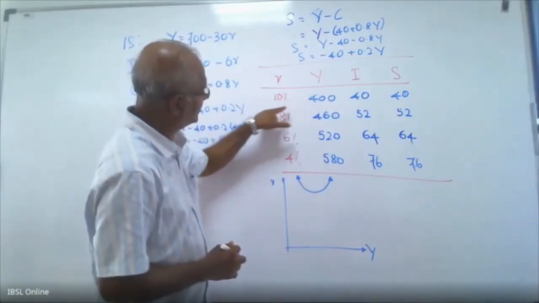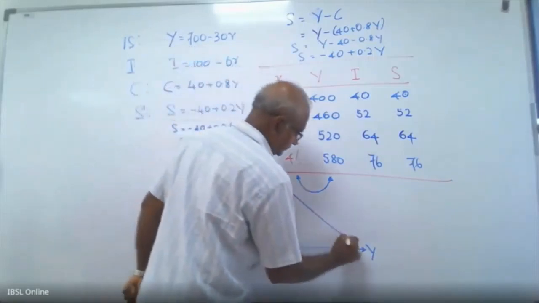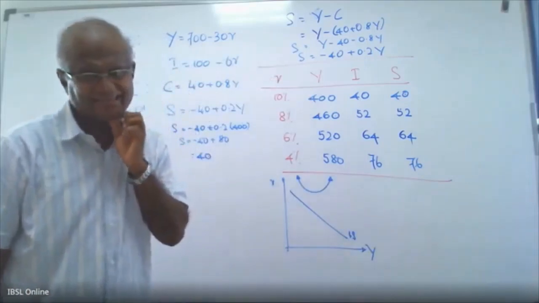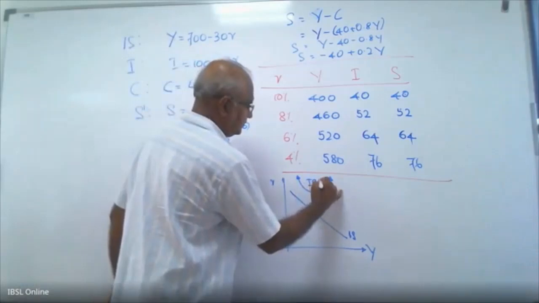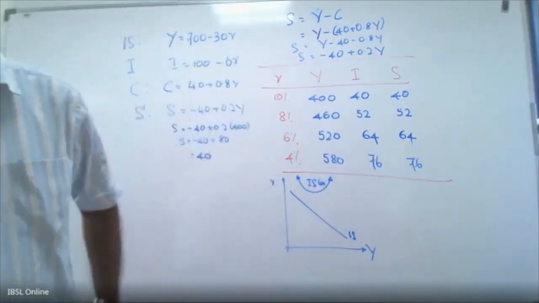That's a negative relationship between interest and income. Right? This is the IS schedule. The relationship between interest rate and income is the IS curve.